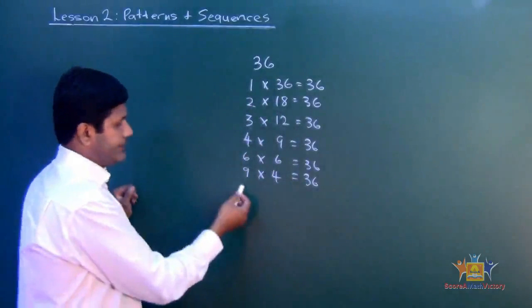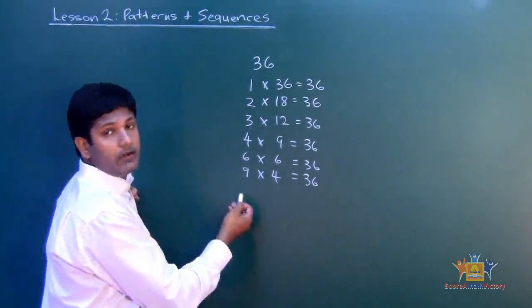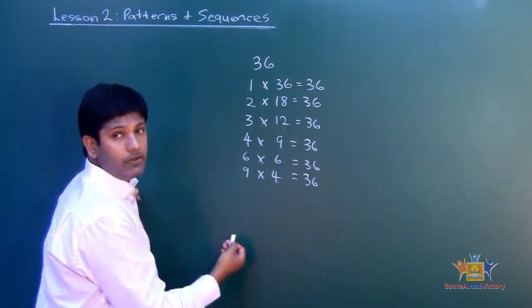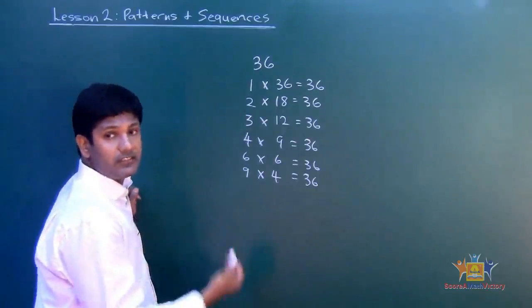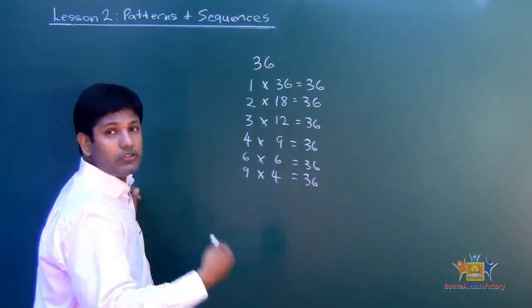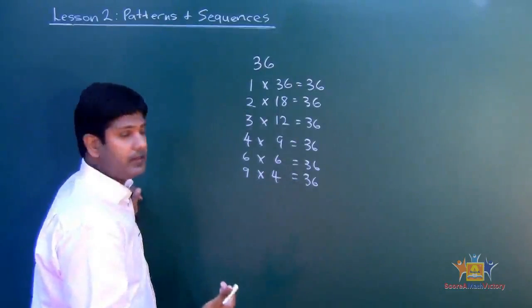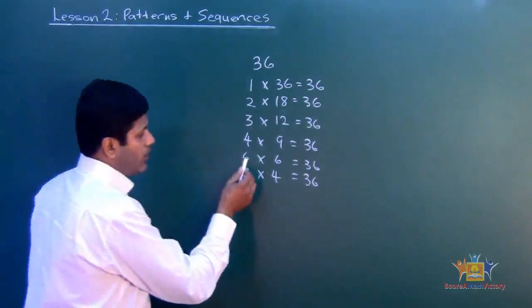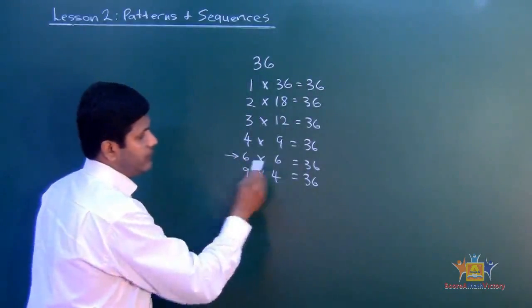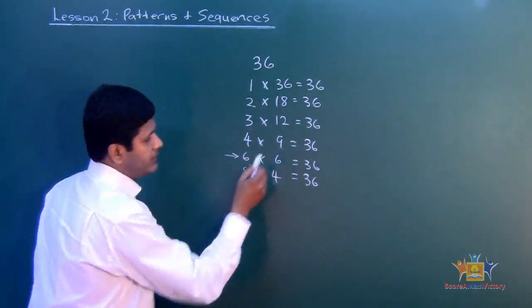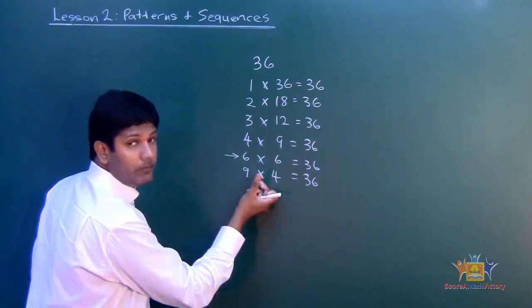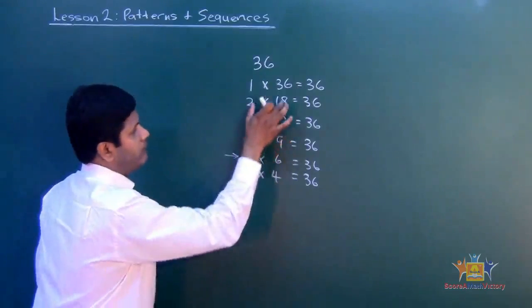See that? 10 you cannot. 11 you cannot, 12 yes you can, and then 13, 14, 15, 16 you cannot. When do I stop? So that's time consuming, isn't it? The shortcut is, once you come to the point, 9 and 4, it's flipping. From now on, it's going to be the flip of this.